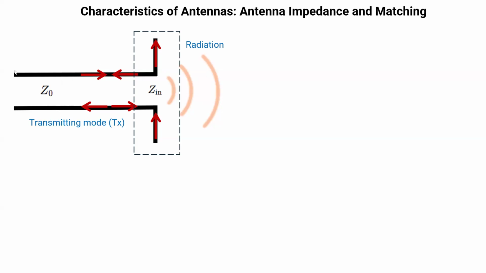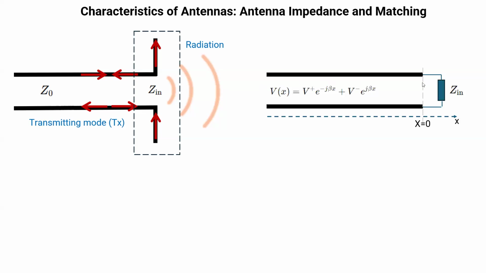So again, let us consider this transmission line that is connected to this dipole antenna here. This system radiates an electromagnetic wave, and effectively we can describe this radiation, or the presence of this antenna, by introducing some sort of a load that represents the action of this antenna.